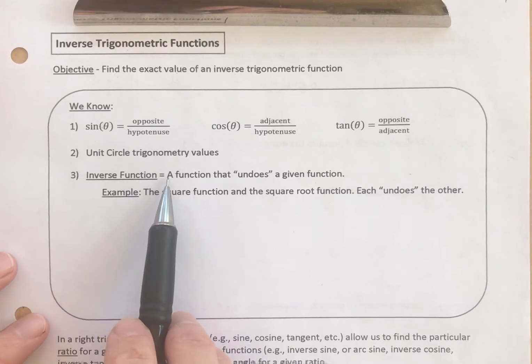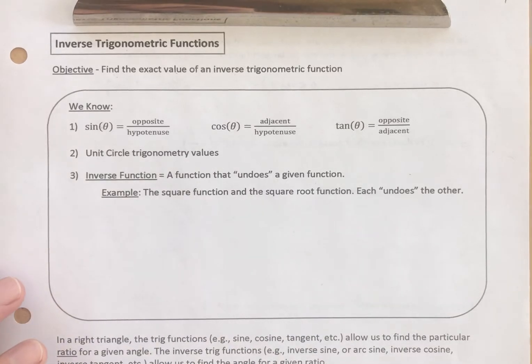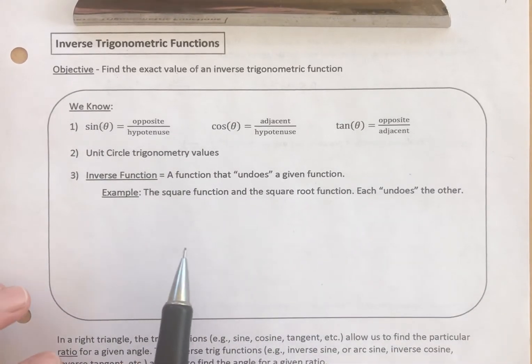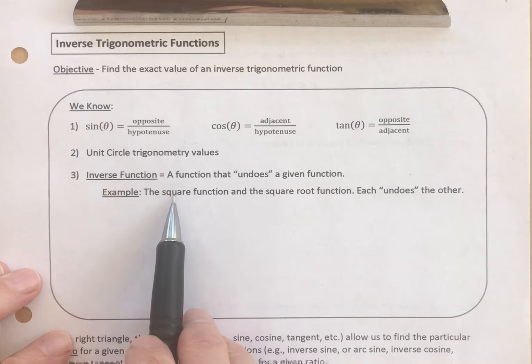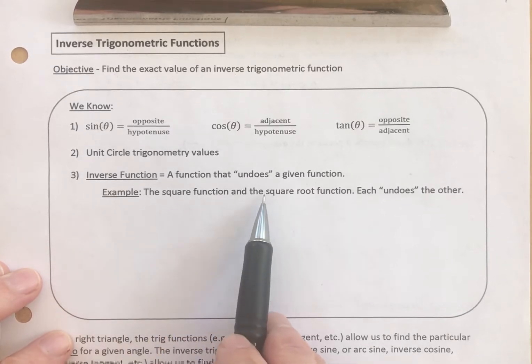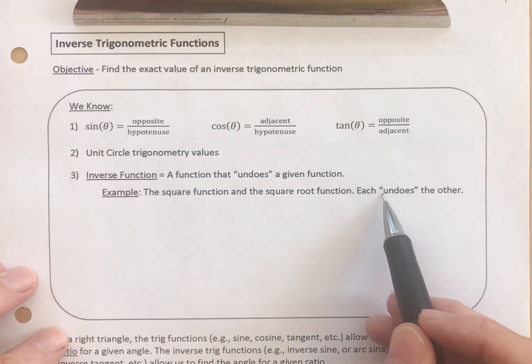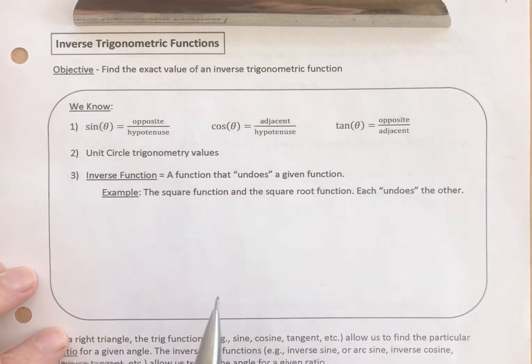An inverse function is a function that undoes a given function. For example, the square function, so squaring something, and the square root function are inverses. What that means is they each undo the other.